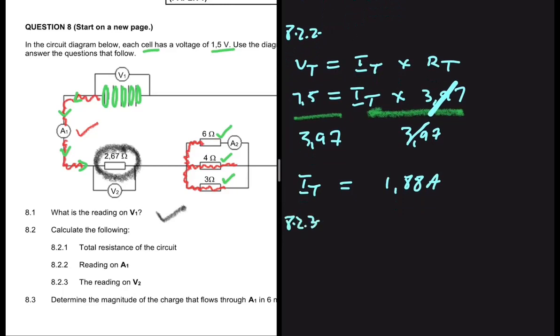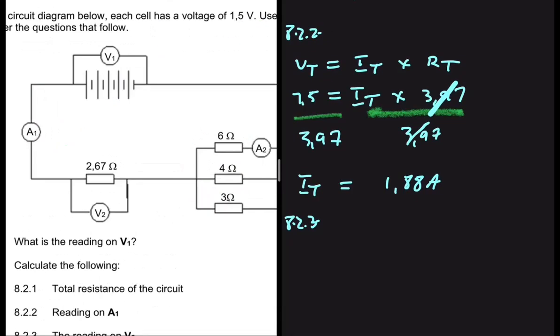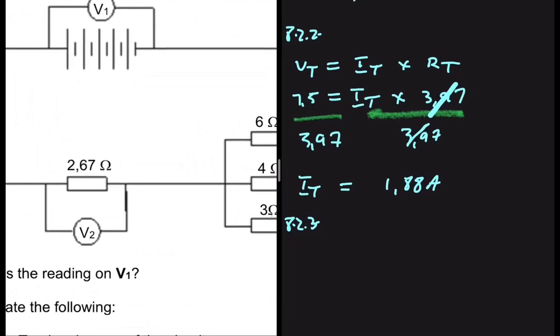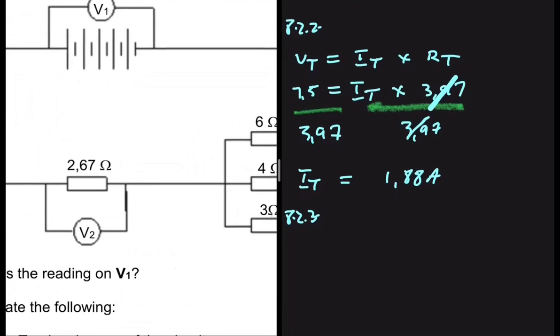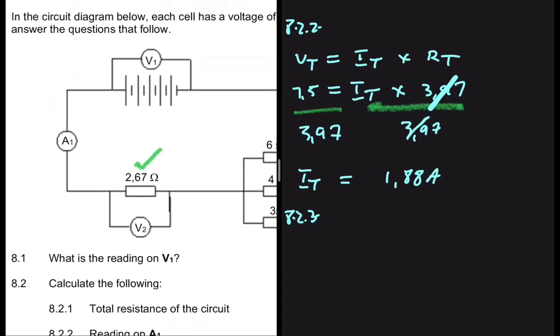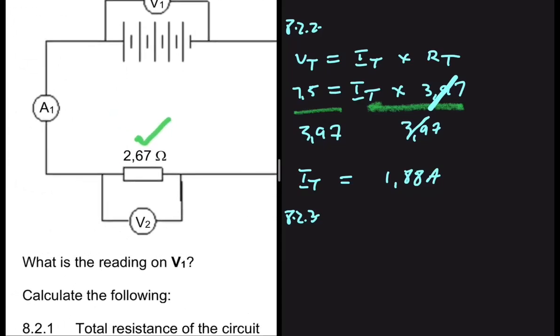8.2.3 on the other hand, we are looking for the reading on V2. So let's look at V2. On V2, we have the resistance. It is 2.67 ohms. But we know the current that is going to pass through V2 is what we calculated in 8.2.2. The current right there is going to be 1.88 amps.